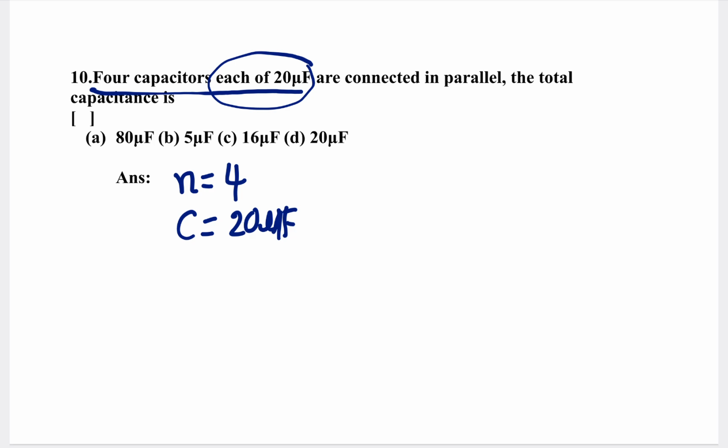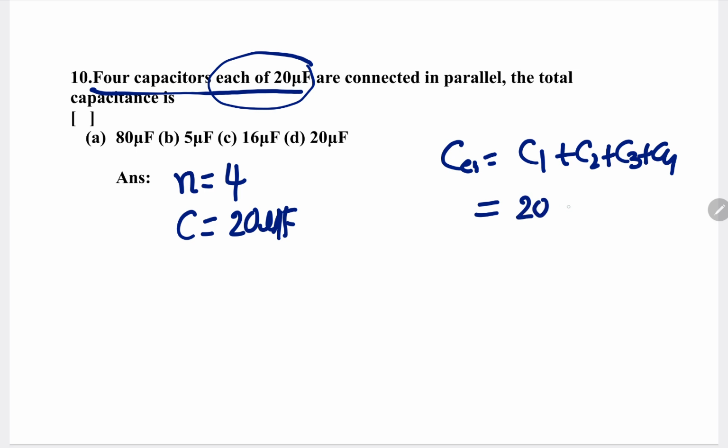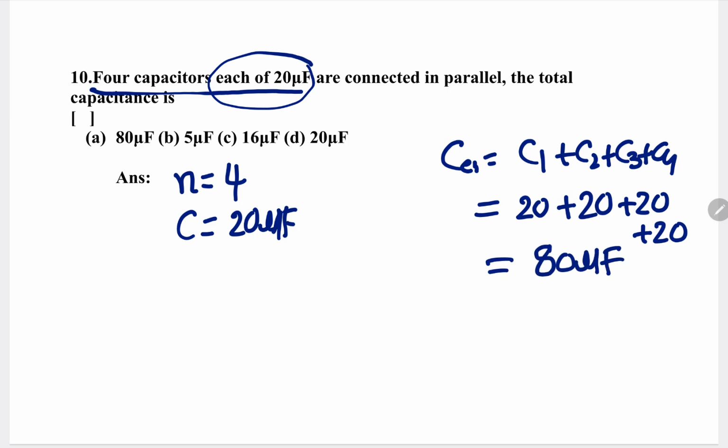Whenever capacitors are connected in parallel, then total capacitance formula C equivalent is equal to C1 plus C2 plus C3 plus C4. So here C1 is 20, C2 is also 20, C3 is also 20, C4 is also 20. So what is the answer? 80 microfarad.